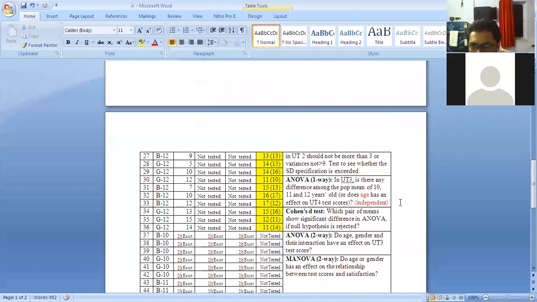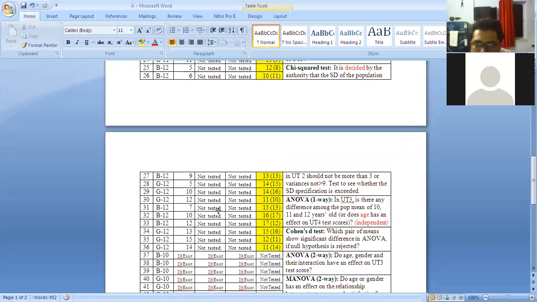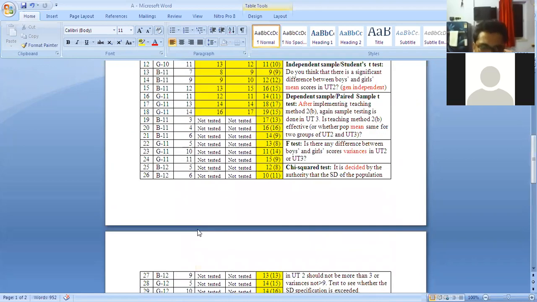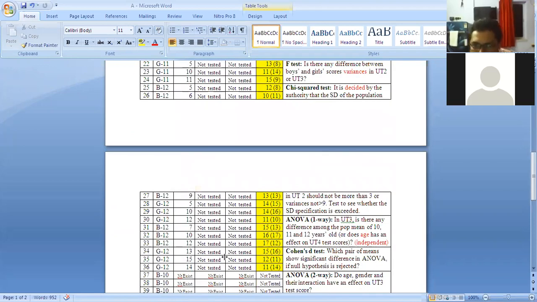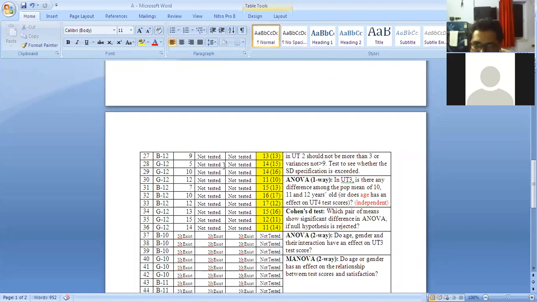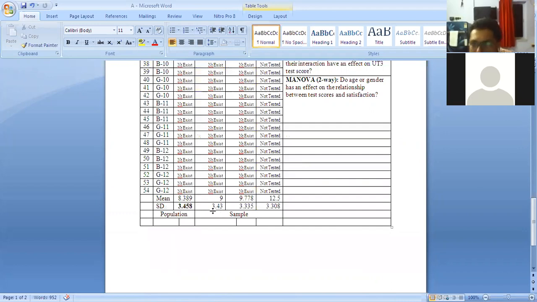Okay. But you want to find out about your population mean. That means the population mean of all the 36 students, and whether that population mean is exceeding the specification limit or not.